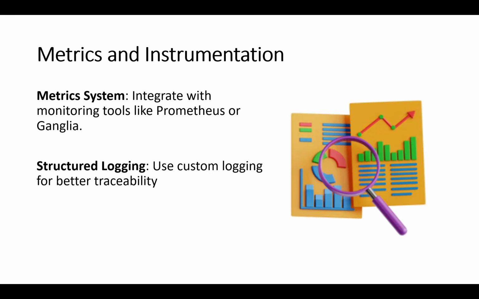Then comes metrics and instrumentation. Now this is something which is over and above what Spark provides in terms of logs and UI. So we can integrate our own third-party monitoring tools like Prometheus, Ganglia. There are plenty of them. But usually in any real-world scenario, people do have some debugging and monitoring tools associated with their setup.